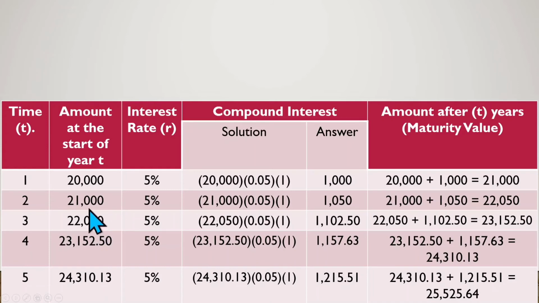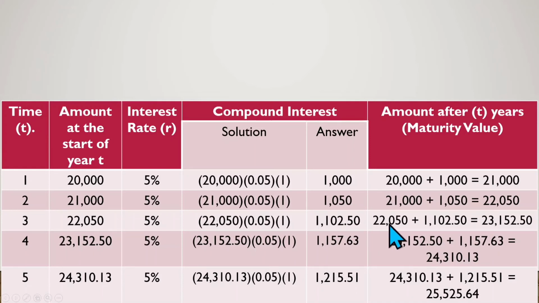So we have 22,050 principal on the third year, multiply again by the 5% rate, and then times 1. So we have the interest of 1,102 and 50 cents. You can use a calculator if you cannot compute it manually.